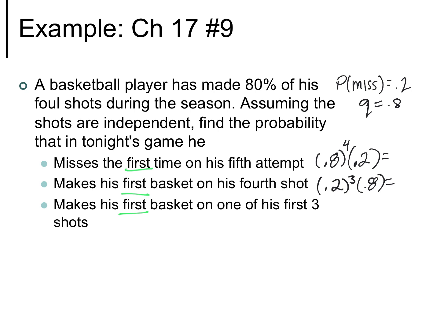0.8 to the 4th times 0.2. So this is 0.08192, and 0.2 to the 3rd times 0.8.